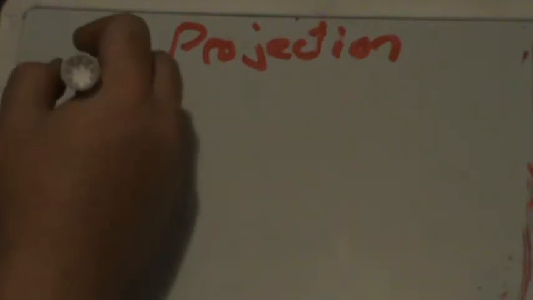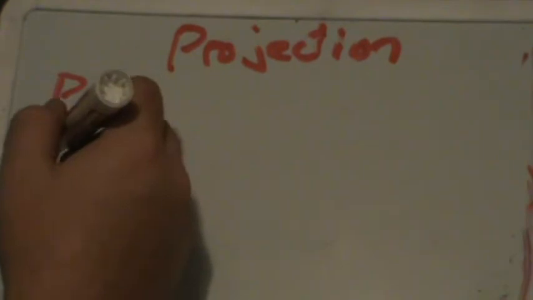Now when we deal with projections, what we want to do is have something, and we're going to call it, say, some P that's a matrix that takes something. Let's get a kind of picture here.